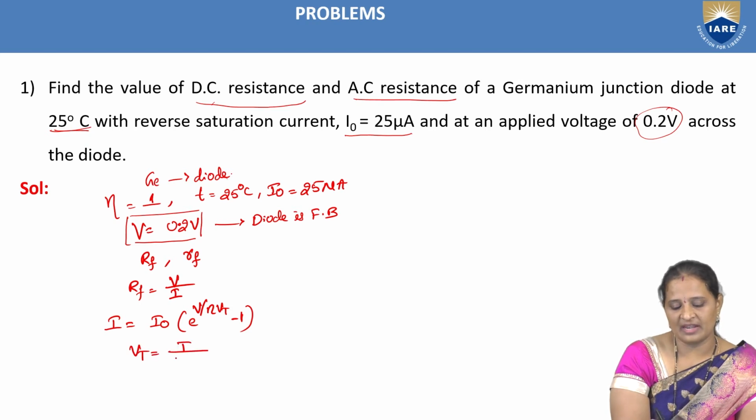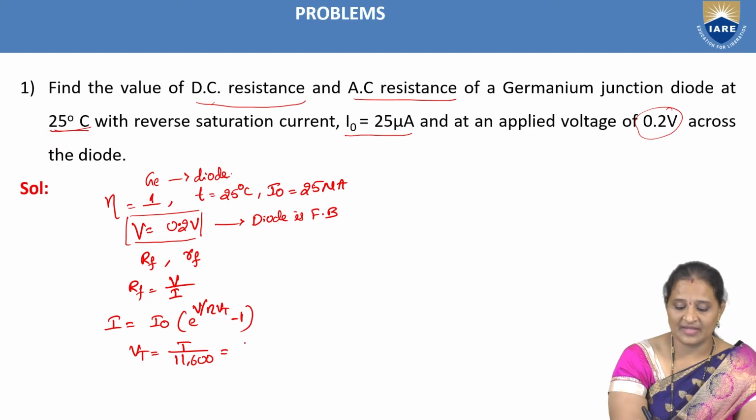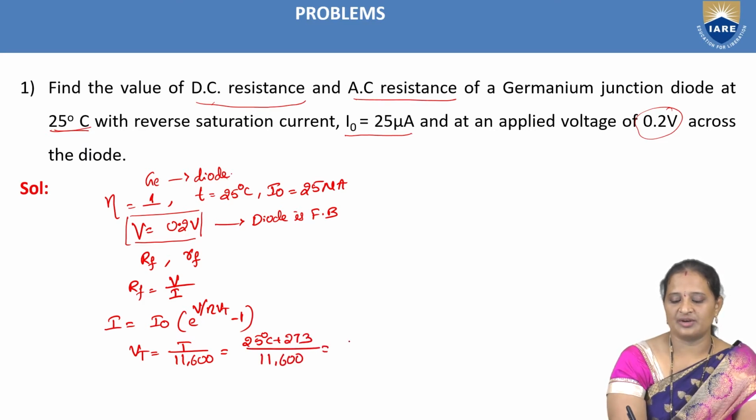So Vt is T divided by 11,600, where T is nothing but 25 degrees, sorry, it is 25, not 27. The given temperature is 25 degrees centigrade plus 273, divided by 11,600.